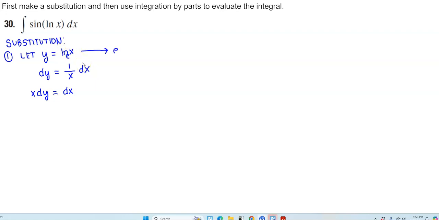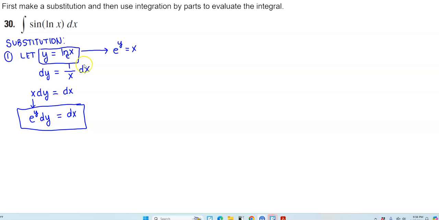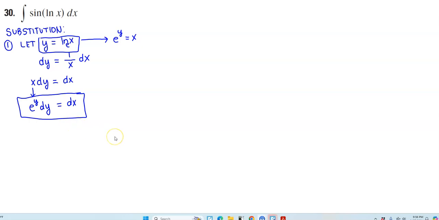That means that e to the y is equal to x, which means now that we can substitute this x to be e to the y dy, which is equal to dx. So now we can use that as our substitution, and we can also use this as our substitution. So let's go ahead and do that.